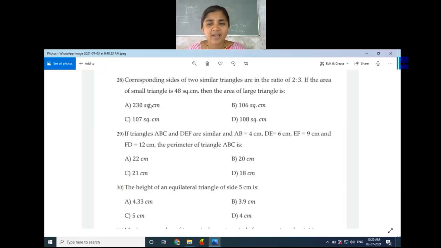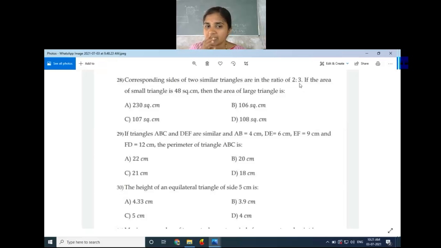Here we know one concept: the ratio of the areas of similar triangles is equal to the square of the ratio of the corresponding sides. We know this theorem, right? Here the area of the small triangle is given, so we take 2/3 whole square, and then do cross multiplication.